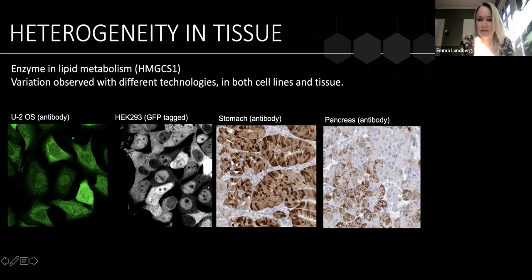So we see high variability again between cells that are seemingly identical. And we also see different localizations in stomach, for example. In pancreas, we only see the cytosolic location. So for most of the enzymes where we see heterogeneity in the cell lines, we can also confirm this heterogeneity in metabolic human tissues.